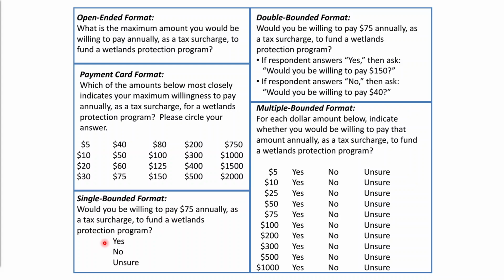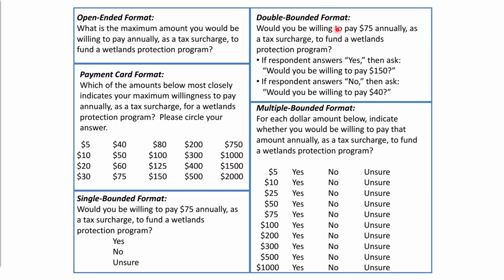If an individual answers yes, that means their value of the wetland is at least $75. We still don't know the maximum willingness to pay, the actual value that the wetland is to these people. And if they answer no, then all we know is that the value of the wetland is below $75.